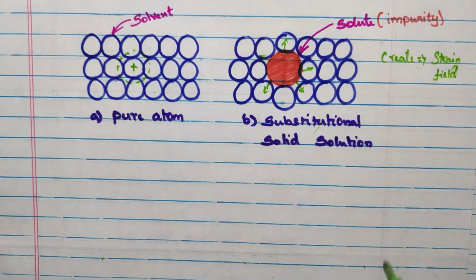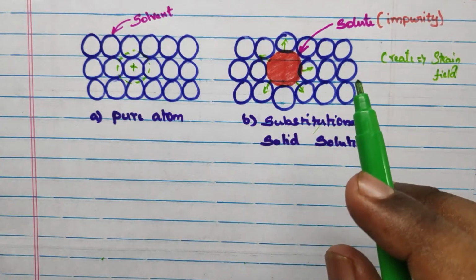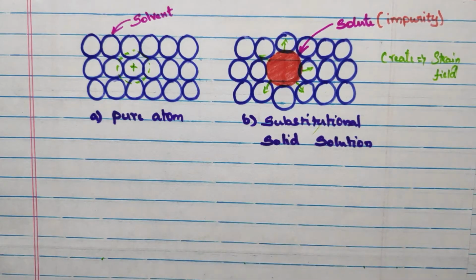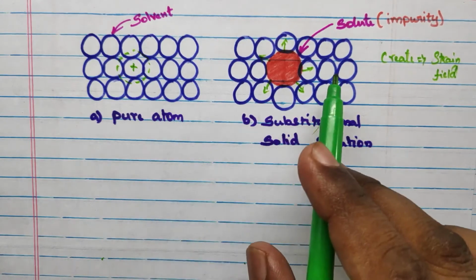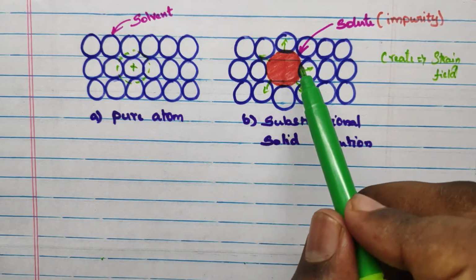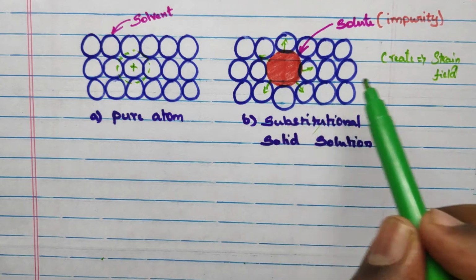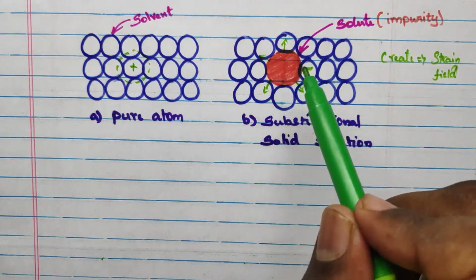Now let me see how strengthening is happening in the solid solution. Actually, what we did is just add the solute atom into the solvent atom. Am I right? Yes. So the substitutional solute atom exerts a strain field on the base material.